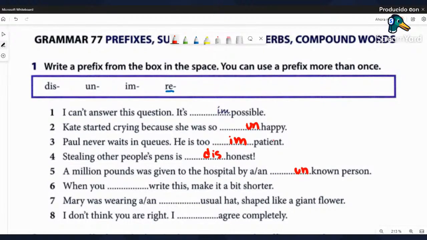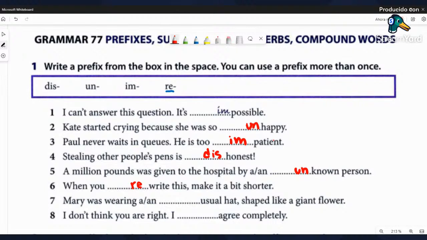Number 6, when you write this, make it a bit shorter. So this person is giving another chance to write. So in this case it would be rewrite.